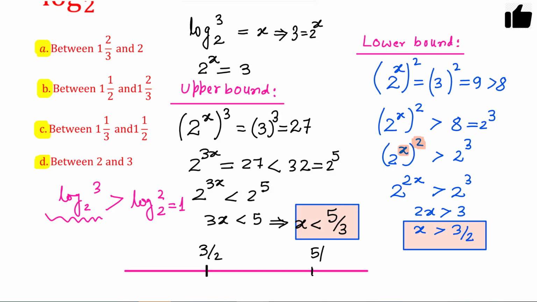You can also write 3 by 2 as 1 and 1/2, and 5 by 3 as 1 and 2/3. From the first inequality, x is less than 5 by 3, so x should lie on this side. From the second inequality, x is greater than 3 by 2, so x should lie on this side.